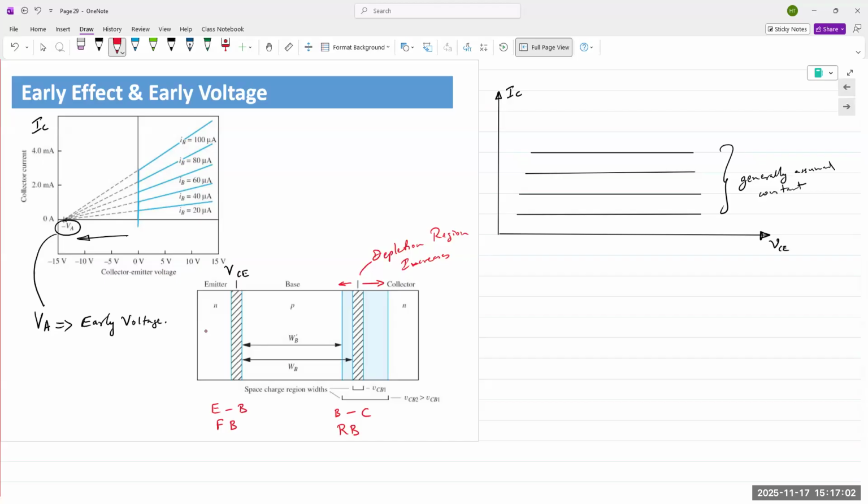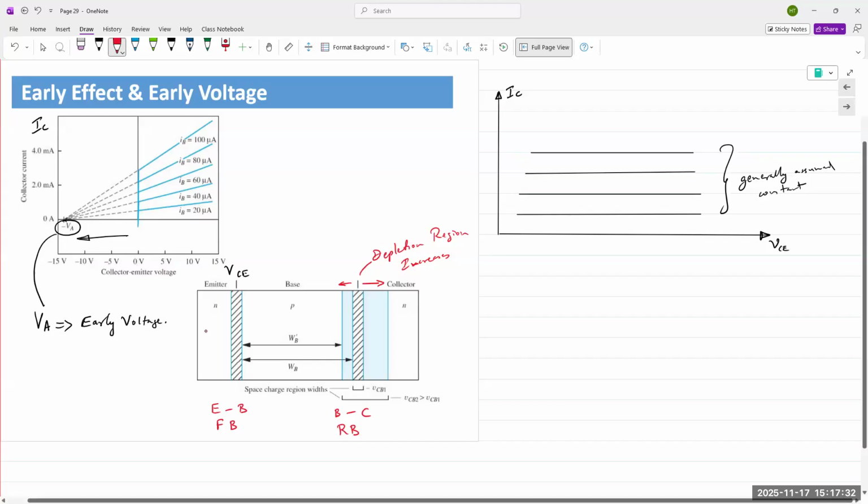The collector is not so much of a problem because, first of all, it's lightly doped. Plus, it is the largest of all the regions in the BJT. The base, on the other hand, is the smallest or the thinnest region with very little doping, one of the least doping amongst the three. And so if the depletion region in the base area is increasing, the effective base width decreases.